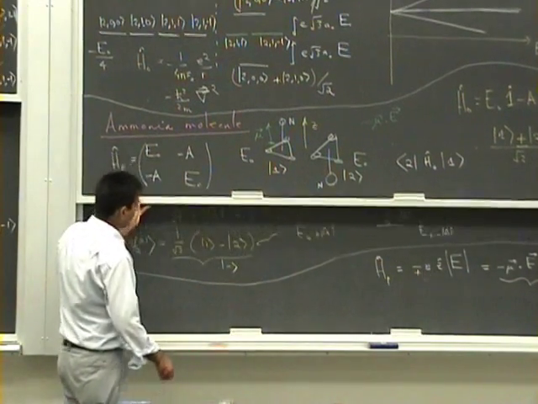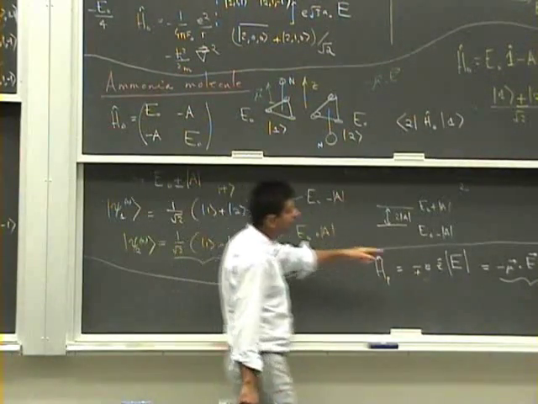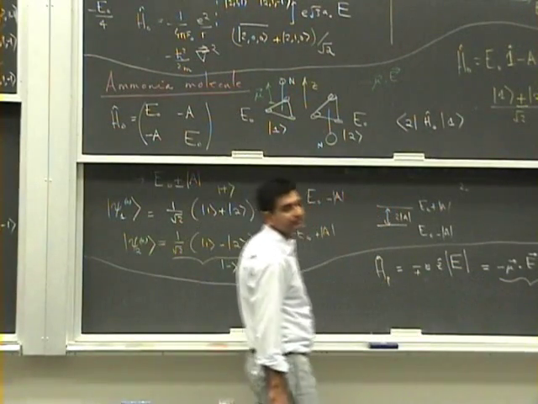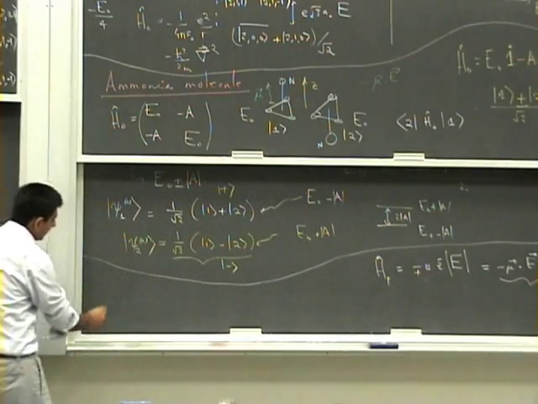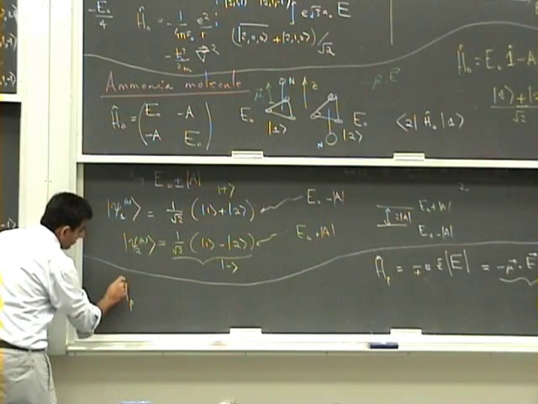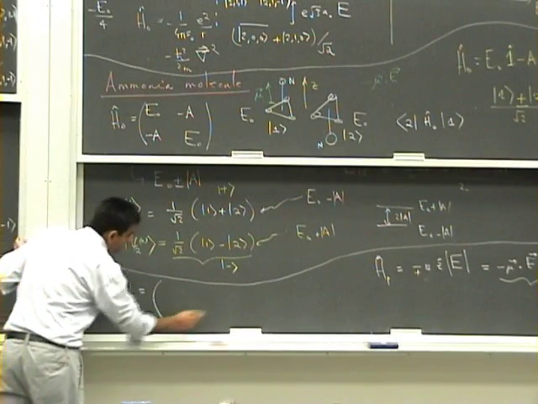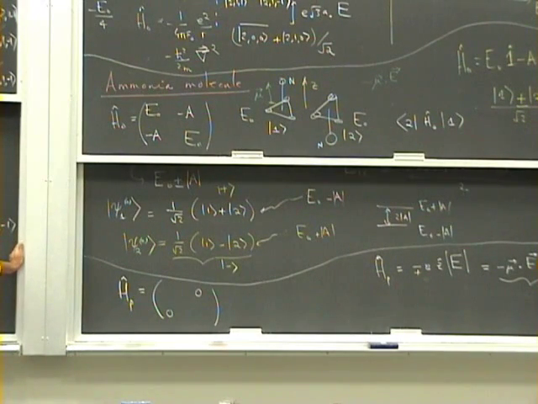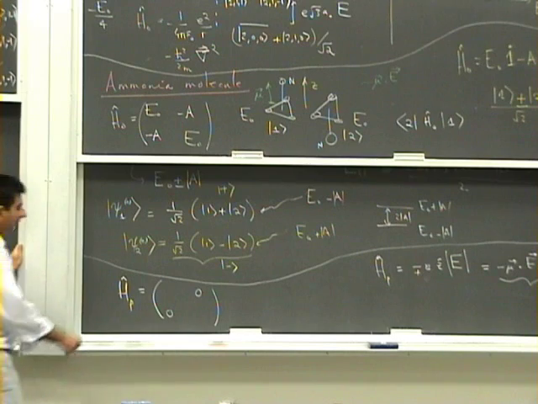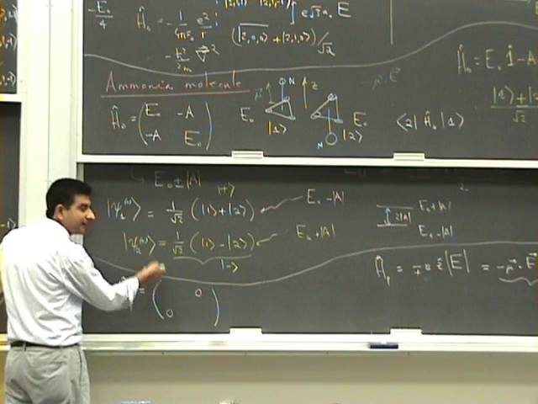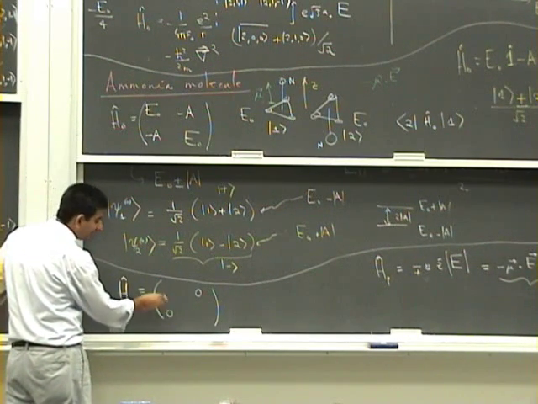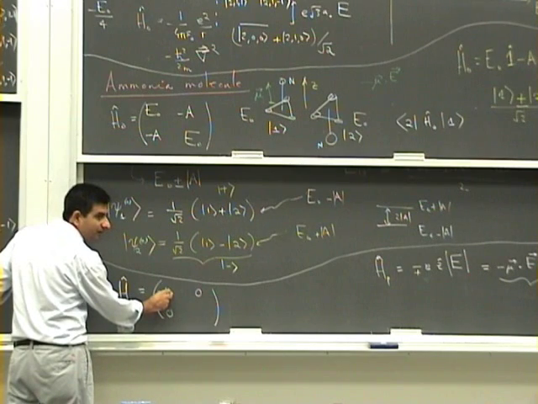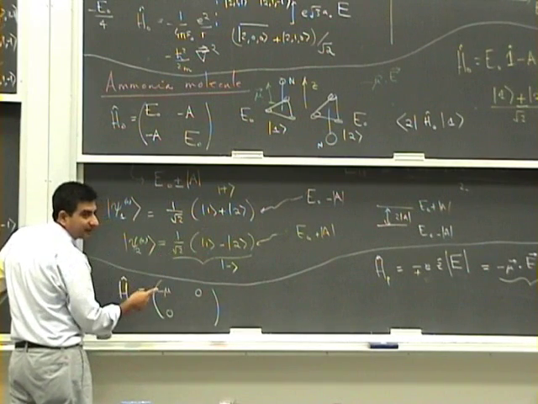So if I write this operator in matrix form, what would I get? I would get a 0 here, and here I would get a decrease in energy. How much is the decrease? Minus mu dot product with the electric field.